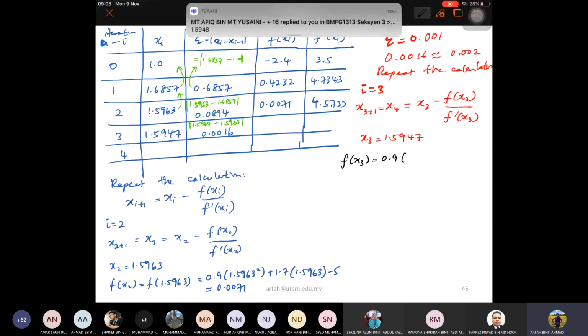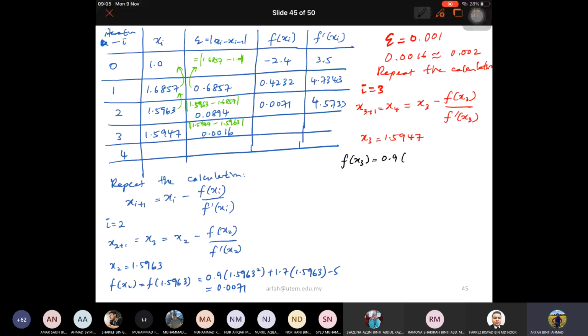Darab dengan 1.5947 kuasa 2 tambah 1.7 darabkan dengan 1.5947 tolakkan dengan 5. f X3 sama dengan f 1.5947 akan dapat jawapan yang ini sama dengan negatif 0.002.